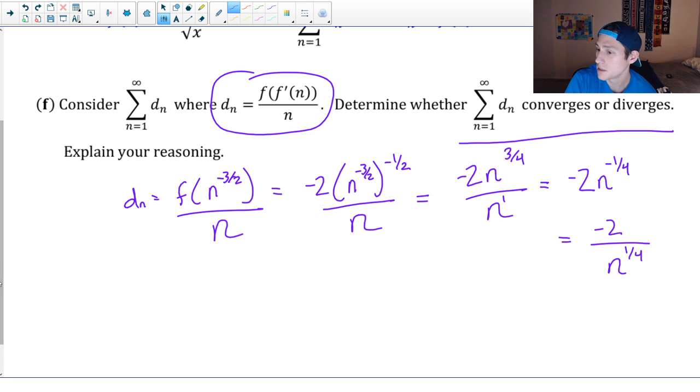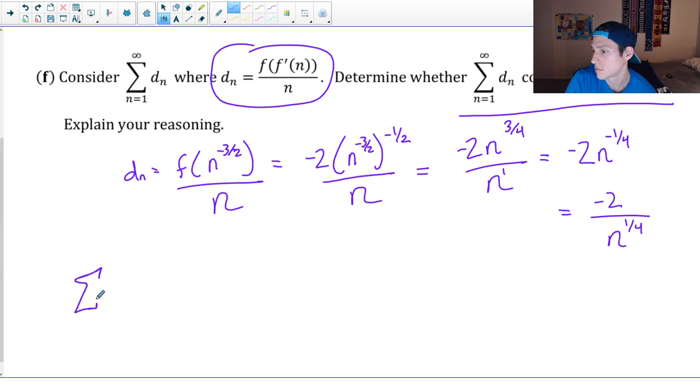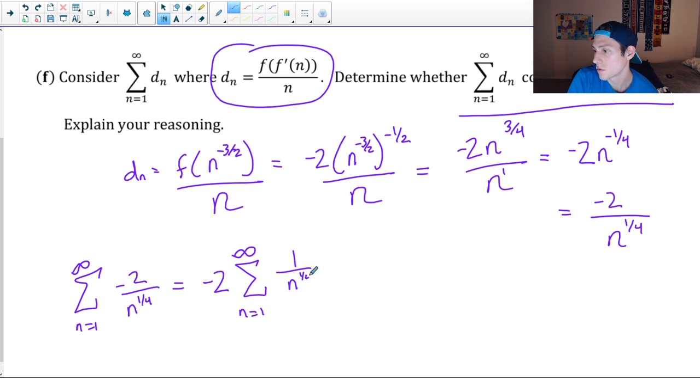So let's find the series of negative 2 over n to the 1/4. This is kind of looking like a p-series. So let me pull out that negative 2 in front. So it's just 1 over n to the 1/4. And yes, this absolutely is a p-series.